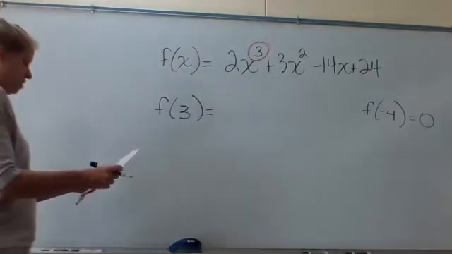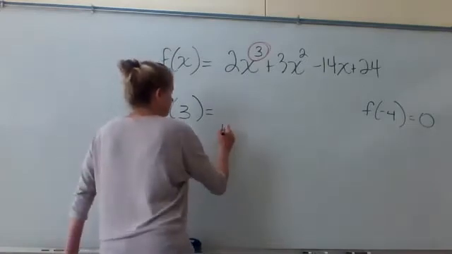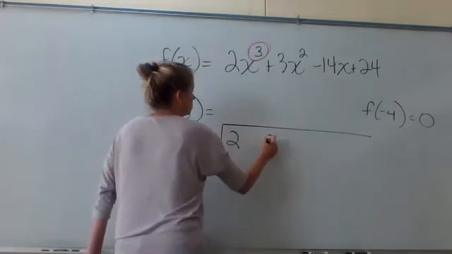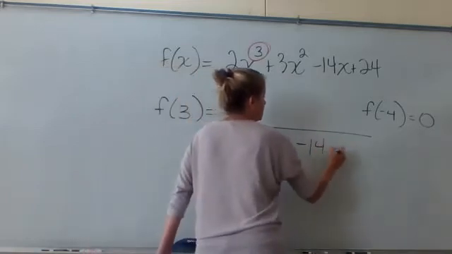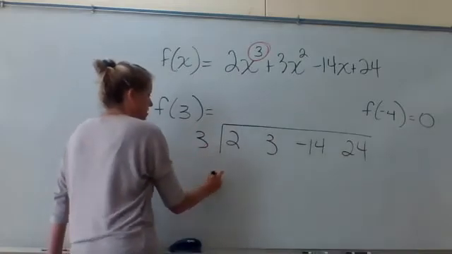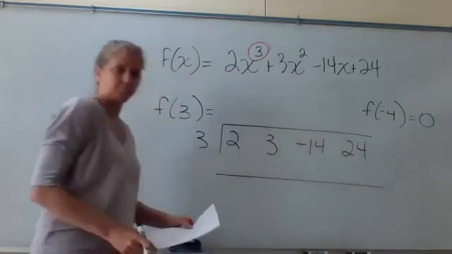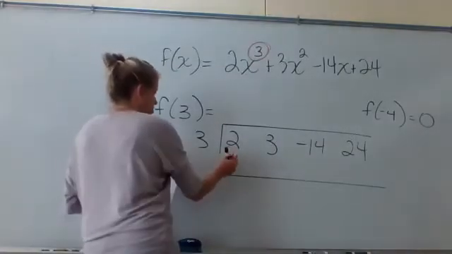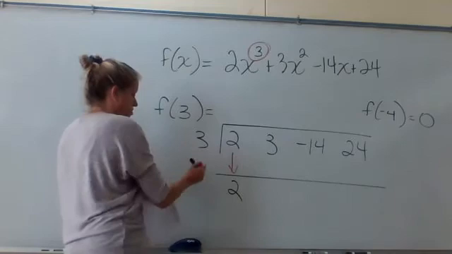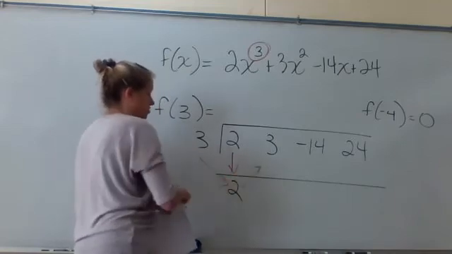Oh, I did it again. I erased all that. Let's see. 2, 3, -14, and 24. And I'm finding f of 3. I'll drop down my 2 to start. 3 times 2 gives me +6.